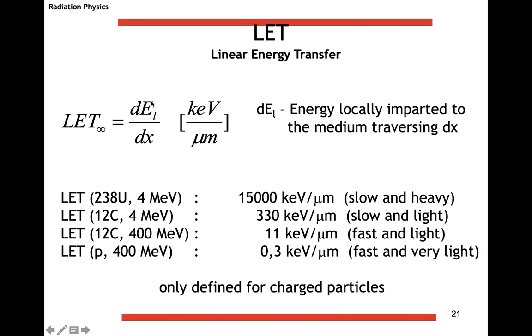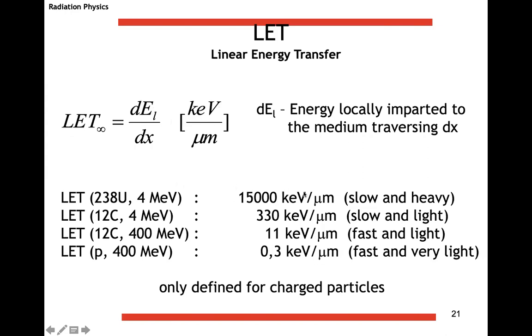But the reason is that, first of all, we assume that the LET is calculated in water, so that the density is 1. And second, for historical reasons, we prefer the keV per micron region. Just to give you an example, of course, the LET depends on the velocity and on the mass.